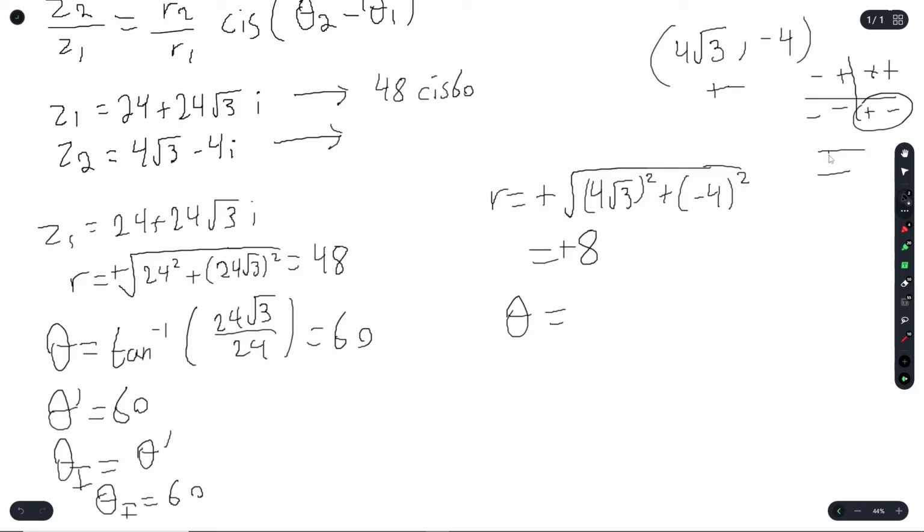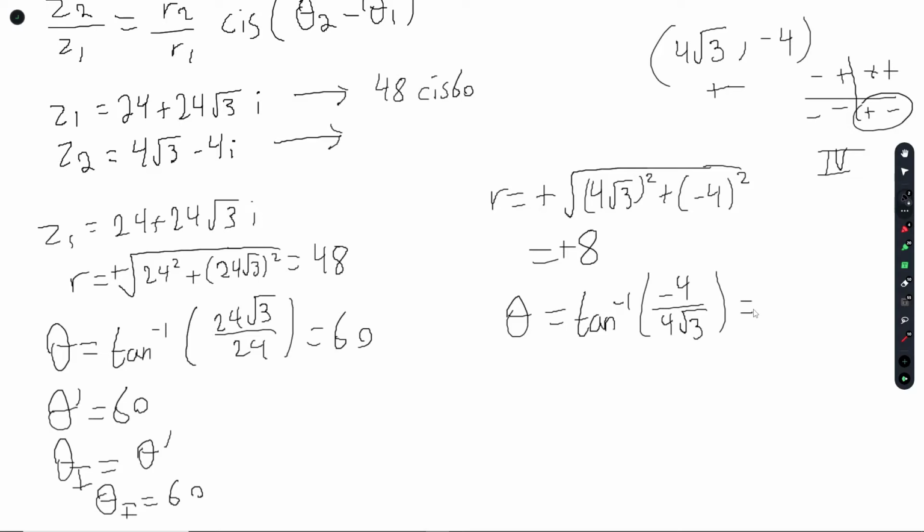Okay, now we can do tan inverse of y over x, so it's negative 4 over 4 radical 3. So tan inverse of negative 4 over 4 radical 3 gives us negative 30. We do theta prime, shift tan gives us 30.